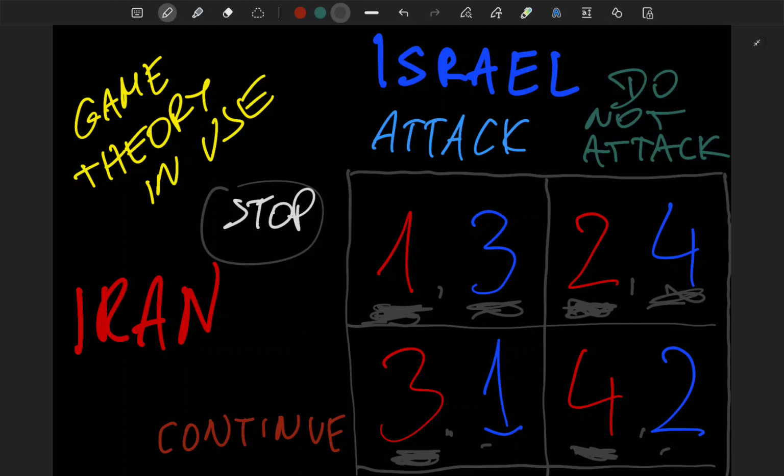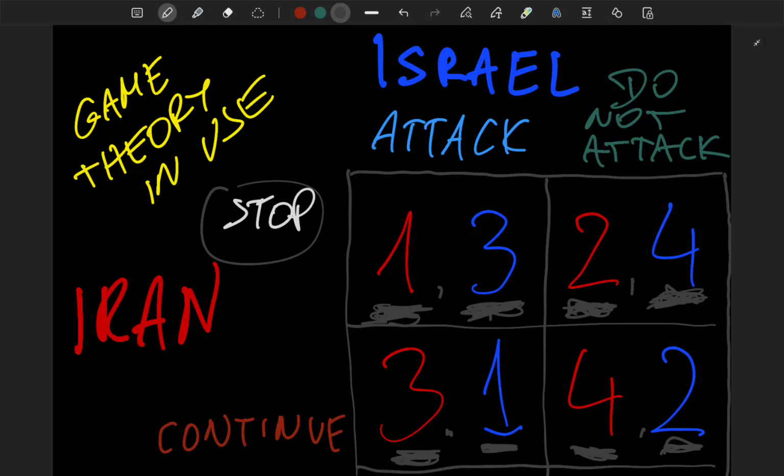Thus, for Israel, outcome 3 and outcome 4 are better than outcome 1 and outcome 2. Suppose also that Israel prefers outcome 2 to outcome 1 and outcome 4 to outcome 3, as it prefers to avoid a costly military attack, but that is the secondary objective of Israel.